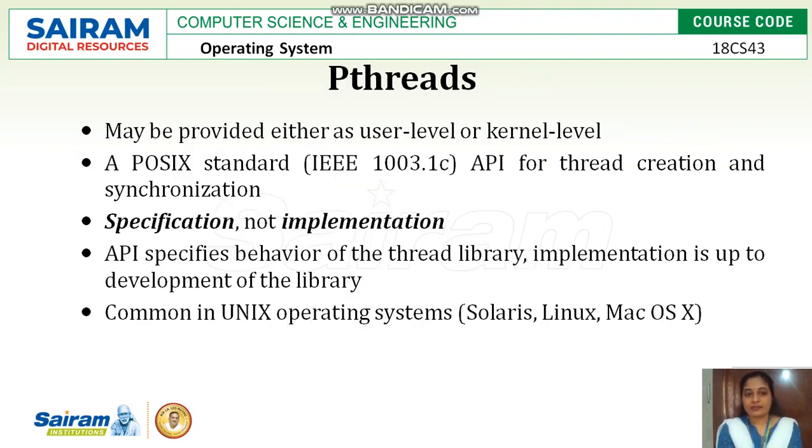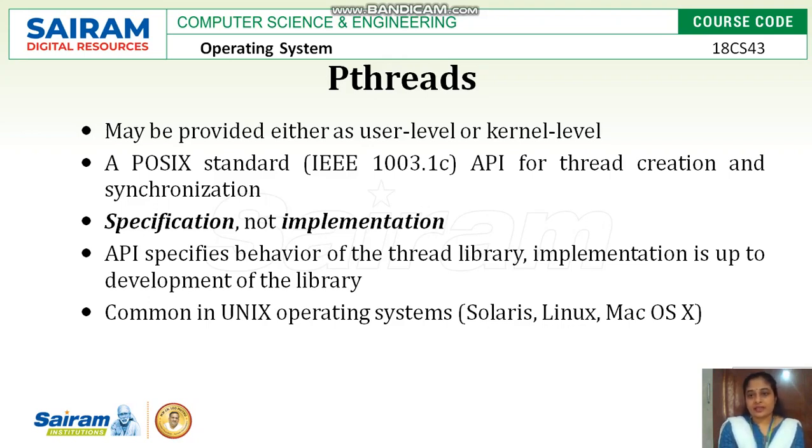Coming here, we have pthreads. Pthreads is the POSIX standard for Unix variants, and may be provided as either a user level or kernel level multi-threaded library. The standard for POSIX is IEEE 1003.1c.